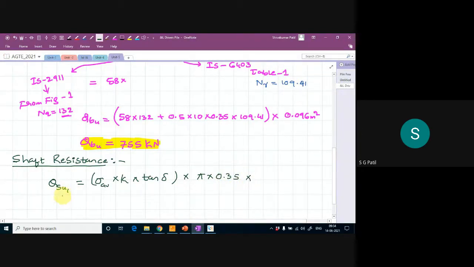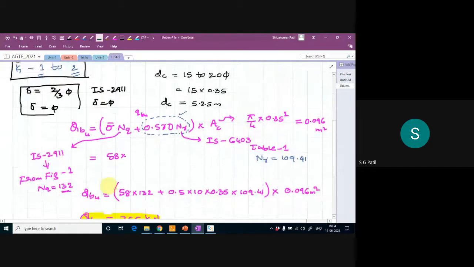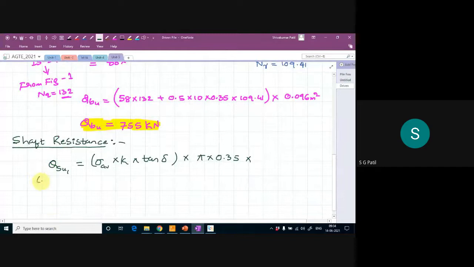I am calculating between 9 and 14 meter, so the length of the pile is 5 meter. So pi d L, where L is 5 meter.